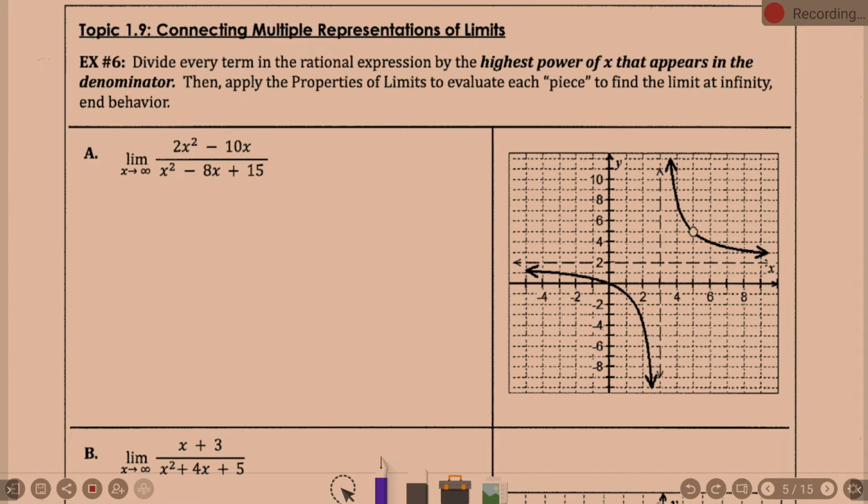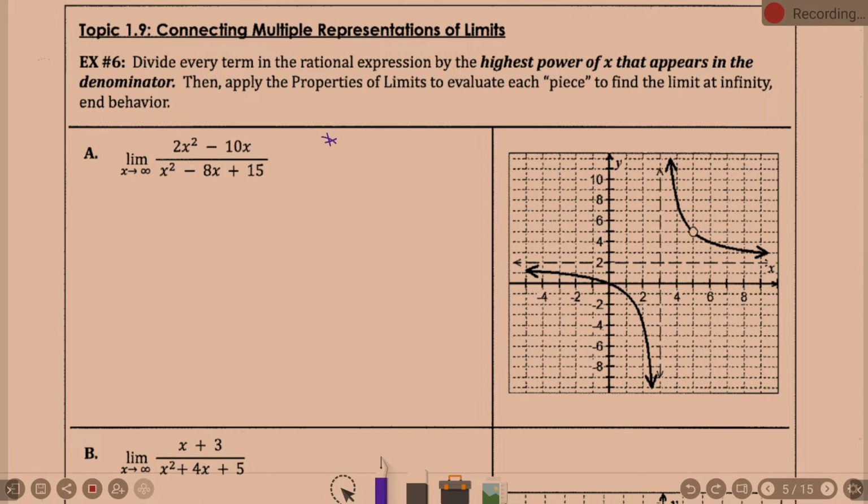The powers are the same. So horizontal asymptote is going to be at 2. So as x approaches positive infinity, this is going to equal 2. Now, how to make this work algebraically so we can show it. Dividing each term by the highest power in the denominator is what we're going to look at here.